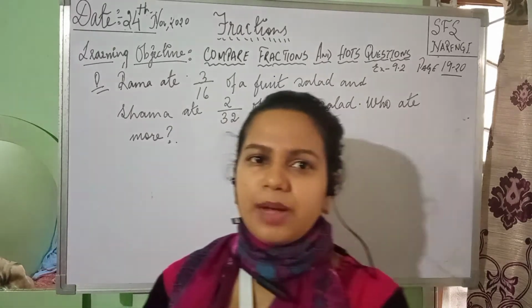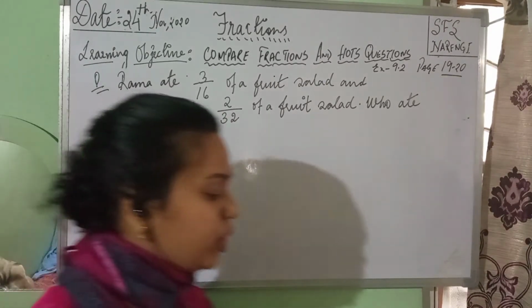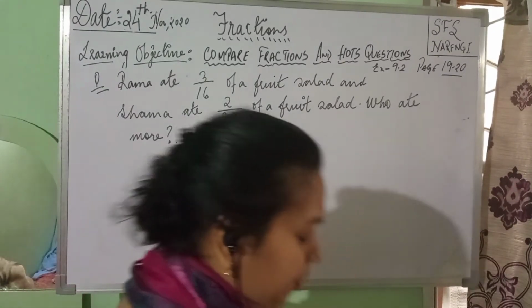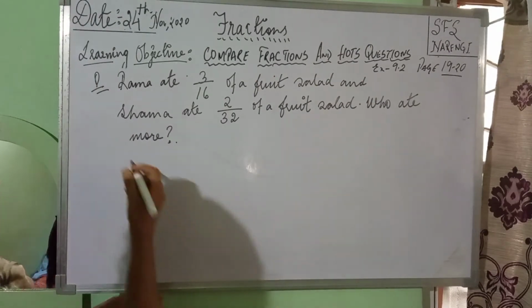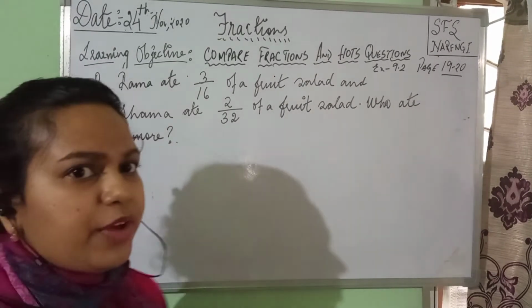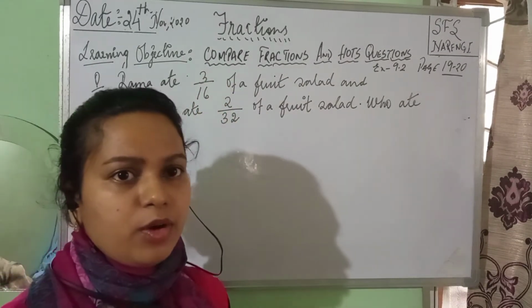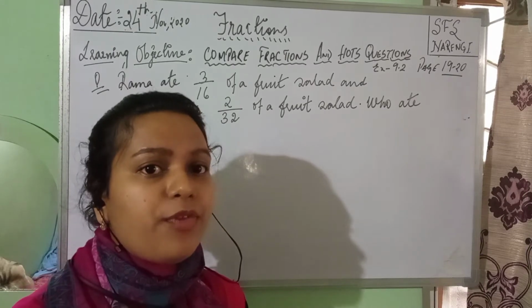Okay. So suppose children, Rama ate 3/16 of a fruit salad and Shama ate 2/32 of a fruit salad. What will you notice, the first thing? The first thing is 3/16 cannot be reduced further. It is already in the lowest form.